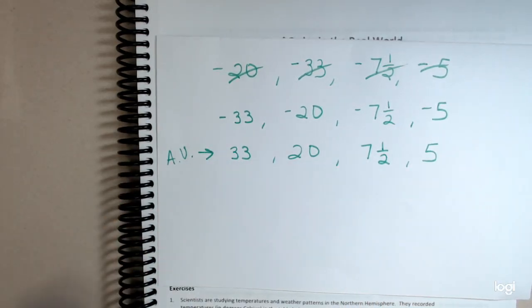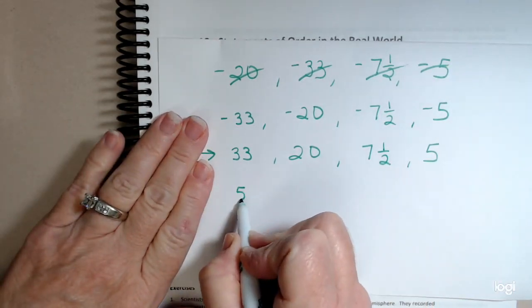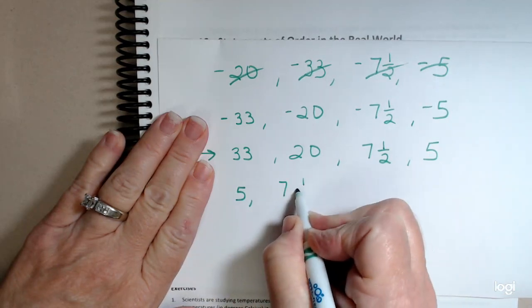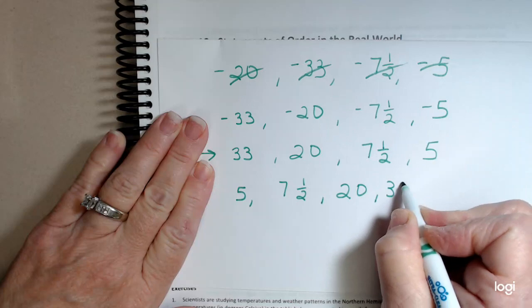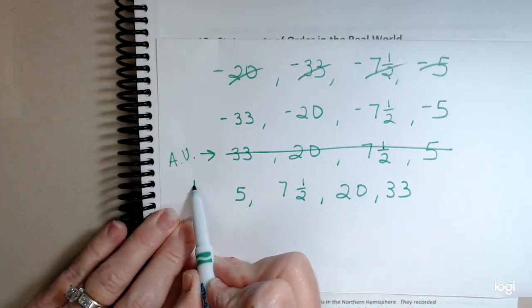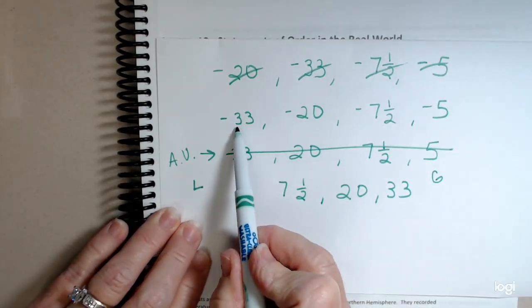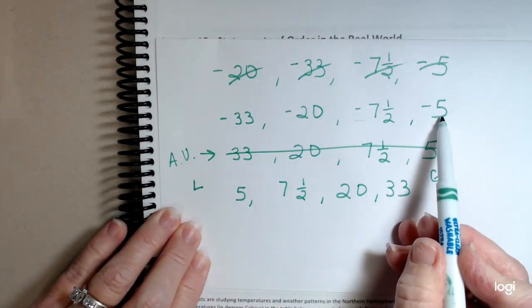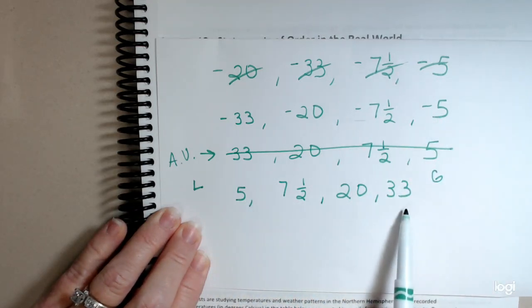I would like for you to put them in order from least to greatest. Well, the smallest number now is going to be 5, 7.5, 20, and 33. So I've changed my absolute value to go from least, L for least, to greatest. So from least to greatest with my integers, my original ones, and from least to greatest with my absolute value.